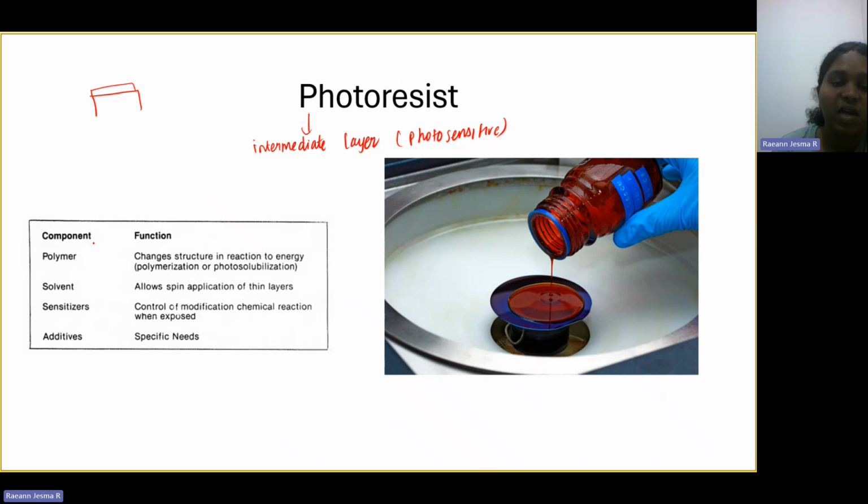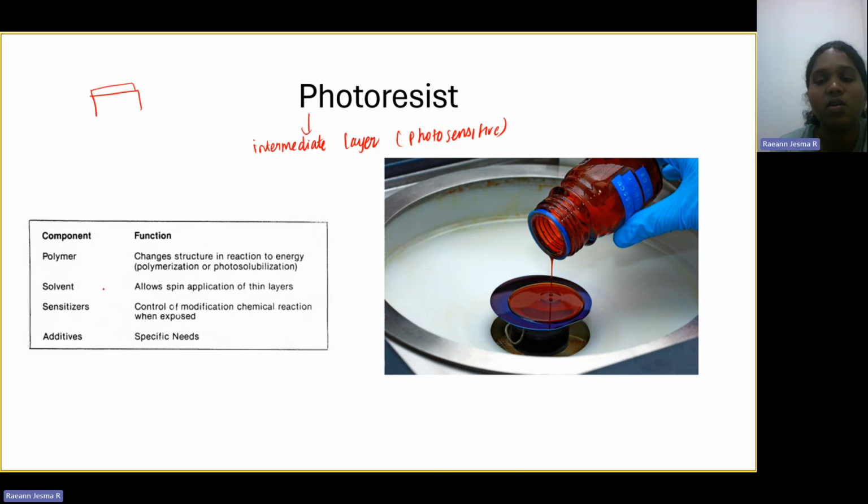We also have a sensitizer, which undergoes a chemical reaction when we expose it to a particular wavelength. The photoresist is generally very sensitive to UV wavelengths, and different exposure lines are used. 365 nanometer is one of the commonly used wavelengths to expose photoresist.